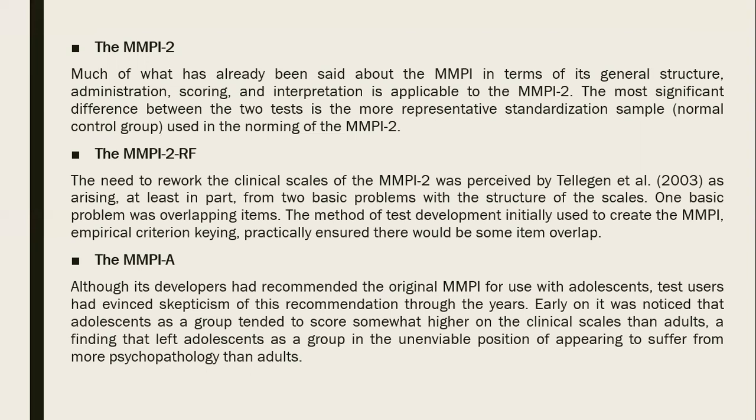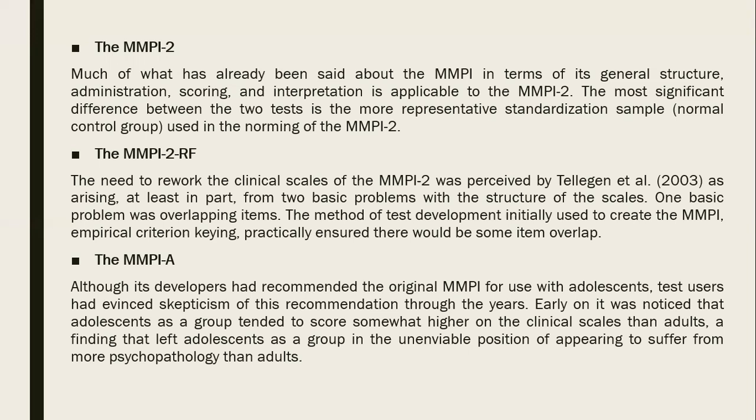The MMPI-2 is a 567-item true or false self-report measure of a person's psychological state. It has 9 validity scales, or lie scales, assessing for lying, defensiveness, faking good, and faking bad, among others.